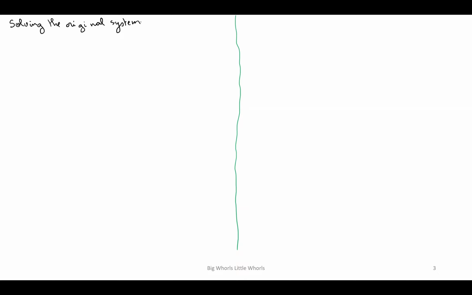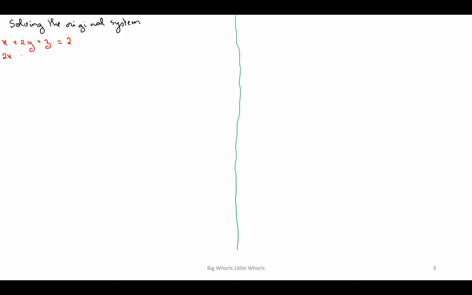To be able to solve the original system, let's rewrite it and perform Gauss's method. I don't want to use the augmented matrix because I just want to show you some observations. So let's just perform Gauss's method on the system as it is.